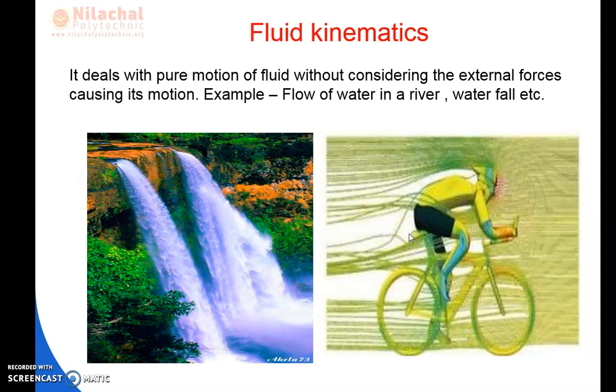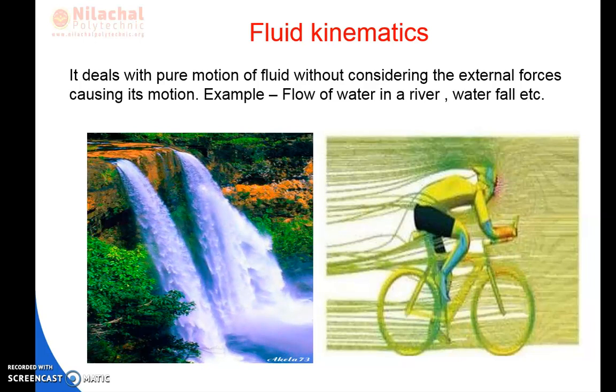Next, go for fluid kinematics. There are two types of studies to observe the motion of the fluid. If you are considering the forces which are causing the motion of the fluid, then that is known as fluid dynamics. But while we are considering fluid kinematics, here we are only observing the motion of the fluid.